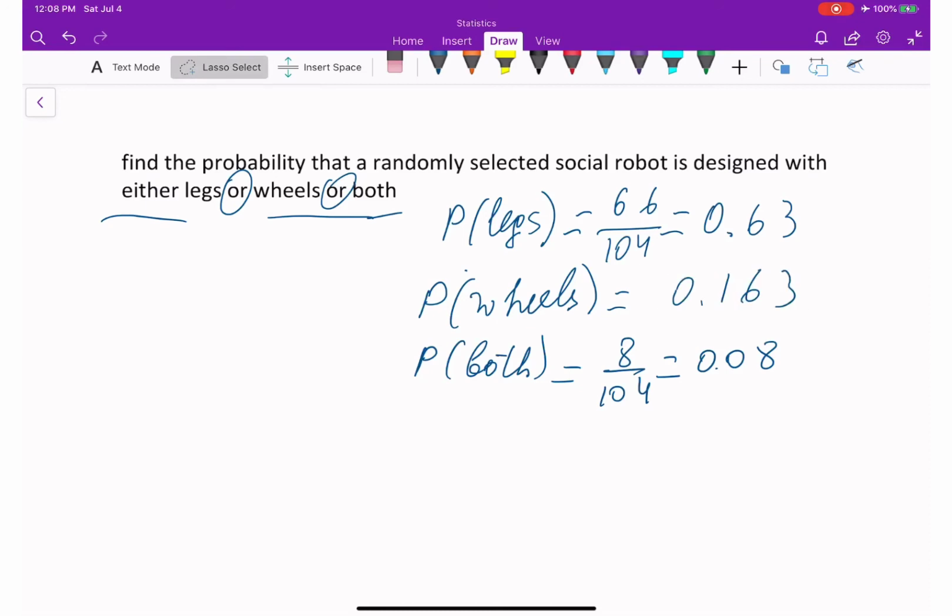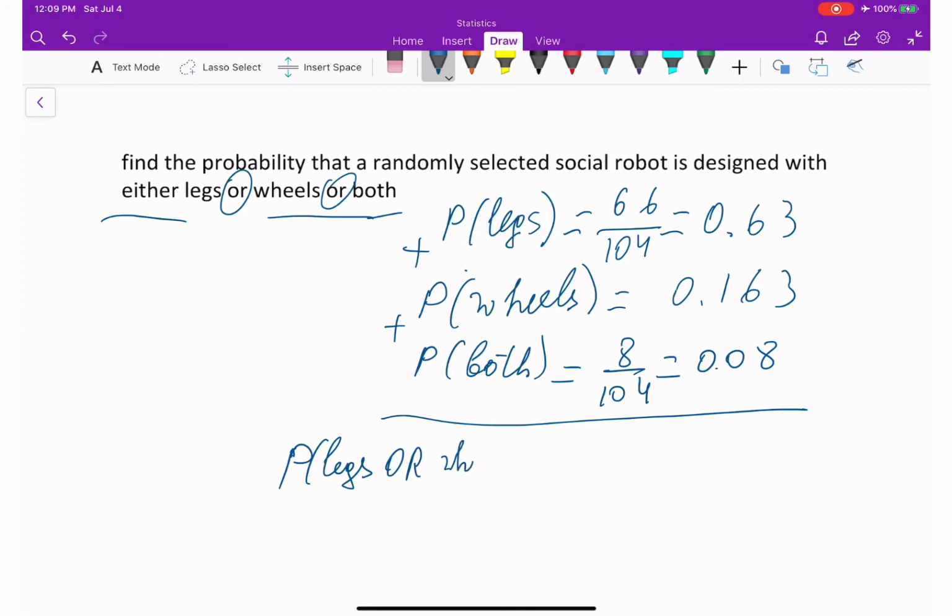The probability of legs or wheels or both is equal to 0.63 plus 0.163 plus 0.08. We get 0.873.